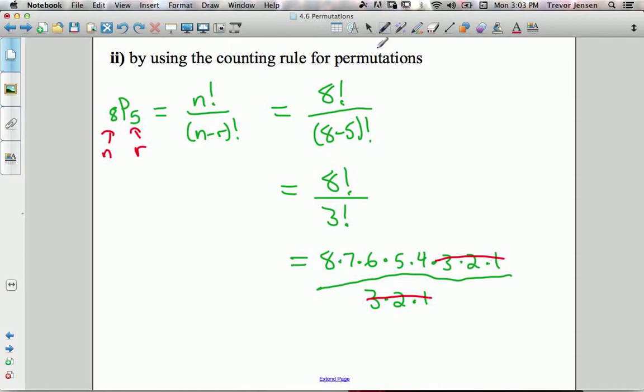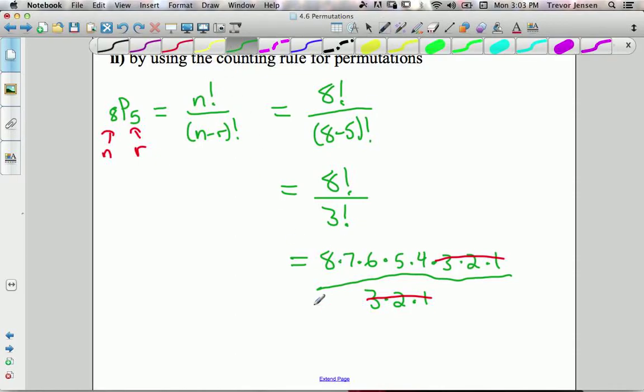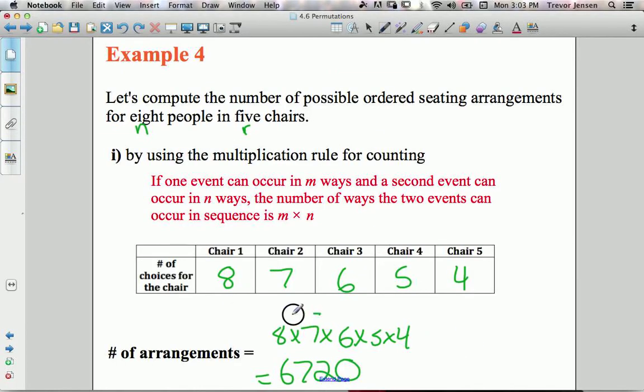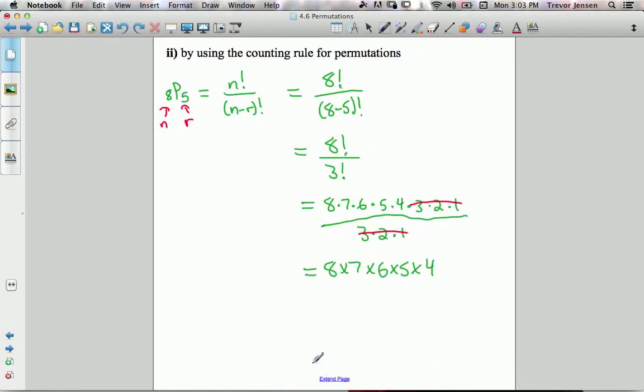So what I'm left with, once again, you'll notice is the exact same as what we did using the multiplication rule for counting. We're left with 8 times 7 times 6 times 5 times 4. Notice, exactly the same as what we had using the multiplication rule for counting. So we know that's going to give us, once again, 6,720. So that's why this formula works.